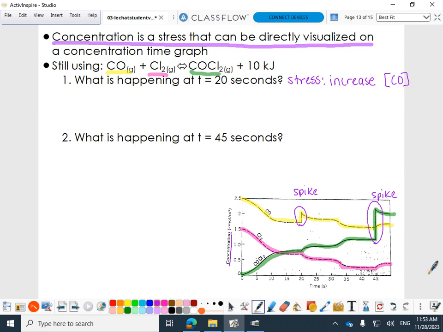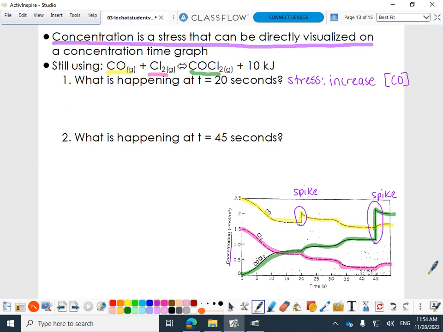Okay? So when you have a stress and a response or result, then yes, we have to follow Le Chatelier's principle, but we also have to follow the rules of chemistry. So if you have a concentration of one of the sides of the arrow increasing, whatever else is there is going to be increased or decreased as well.